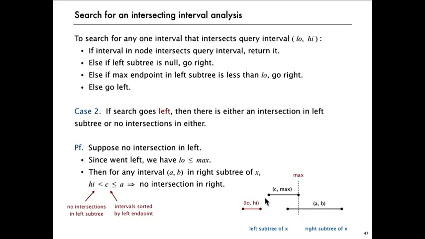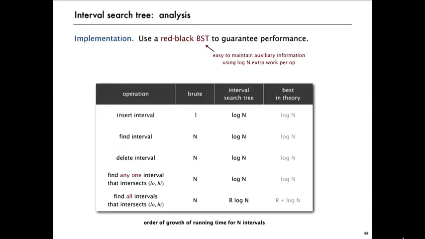And then that means that C's got to be less than A if A is in the right, so therefore there can't be any intersection in the right either. No intersection in the left means no intersections at all, so those two cases are enough to show that this algorithm finds an intersection if there is one.